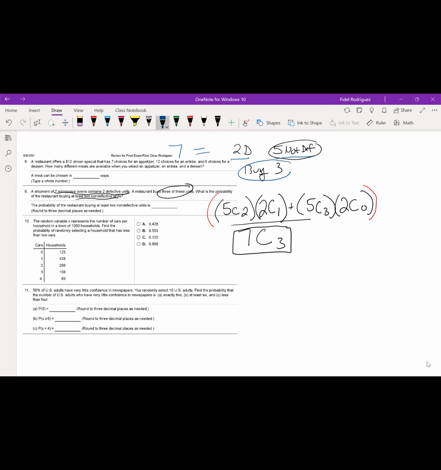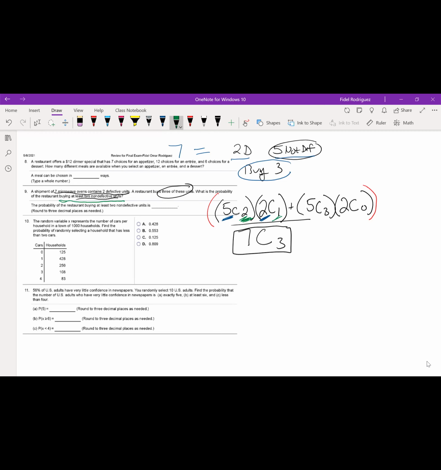So I want you to think about it this way. These numbers here, the 5 and the 2, add up to 7, right? And then the 2 and the 1 are going to add up to 3 because we're trying to buy a total of 3. So when the question says, what's the probability of buying at least 2 non-defective?